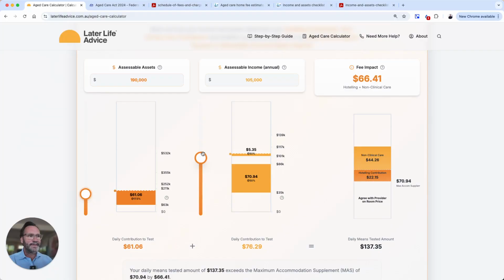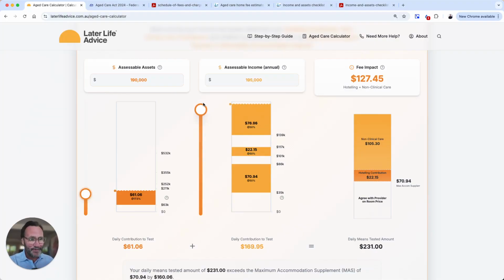And then when it starts to kick in, where the hotel contribution amount kicks in, and the non-clinical care contribution. Sorry, this is a bit of a mouthful. And then you can work out where it gets to the point where your assets are high enough that you're going to be paying the maximum, and that might lead you to not fill in any paperwork at all. So this slider works really well for putting in assessable assets and assessable income.